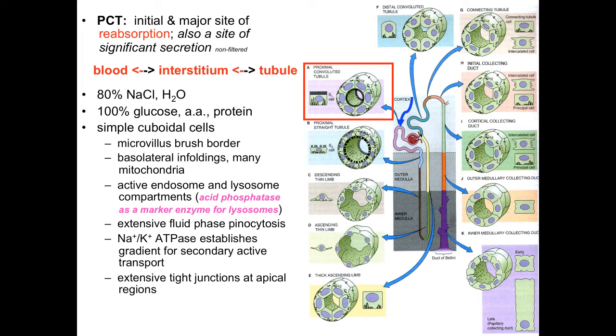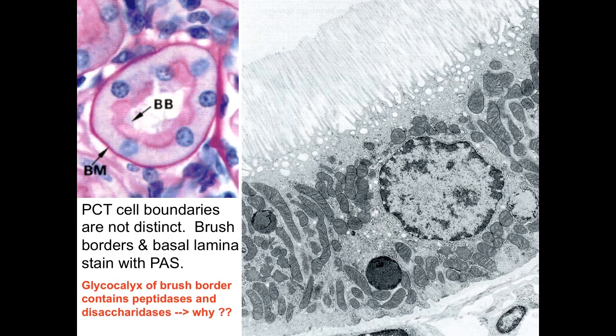These cells have very extensive fluid phase pinocytosis. There's a sodium-potassium ATPase that establishes a gradient for secondary active transport, and these cells exhibit extensive tight junctions in their apical regions.